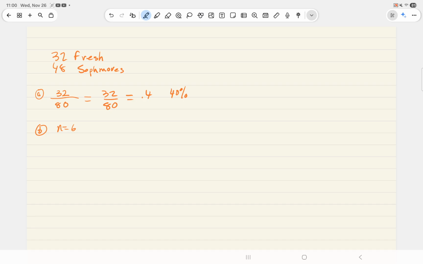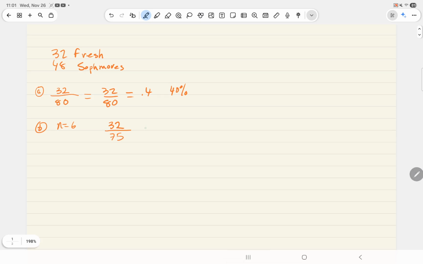I don't think that's really a very good way to ask this question. I think the book should have specified sampling with replacement if it was looking for that answer. Assuming that sampling with replacement is not specified, then essentially what you have is the same 32 freshmen, but now you have 5 students fewer sophomores, so you do 80 minus 5, and the probability of now selecting a freshman has increased a bit.